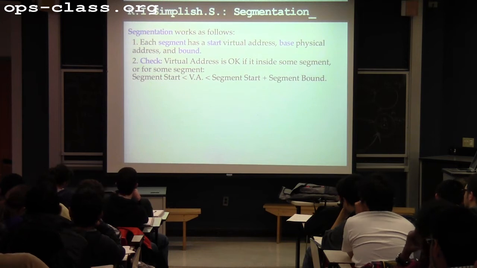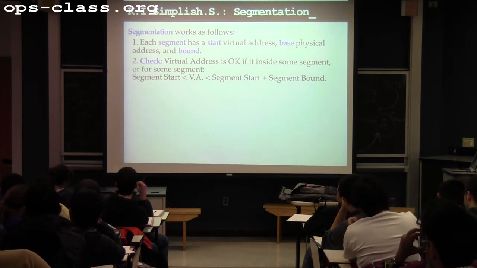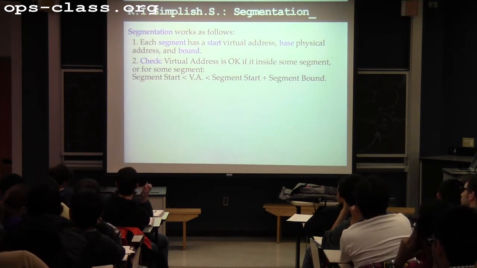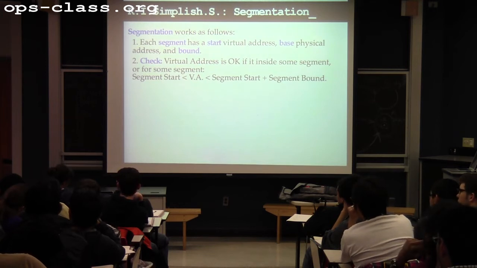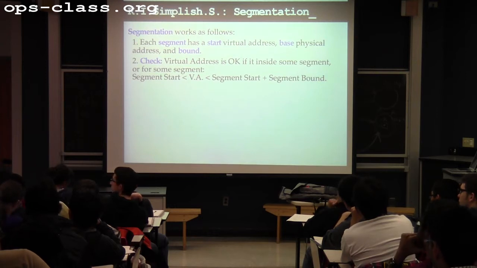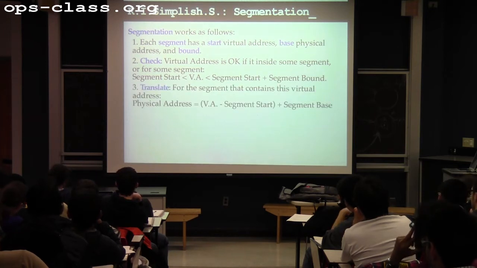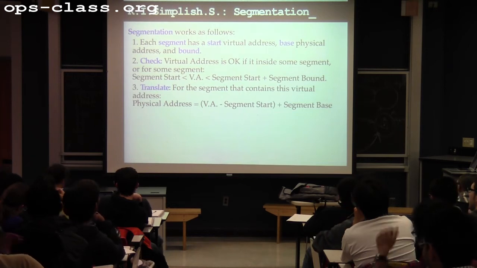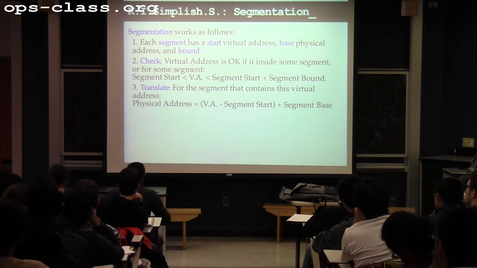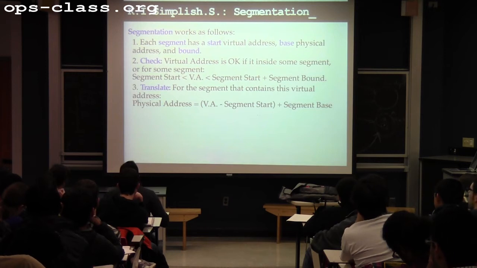Let's say it's valid, which means I've located a segment that this virtual address is inside. So it would be the base physical address plus the start minus the base? Not quite. So I have an address, right? It's the virtual address minus the start. That's the offset into the segment. And then I take that and I map it into the physical address space by adding the segment base.